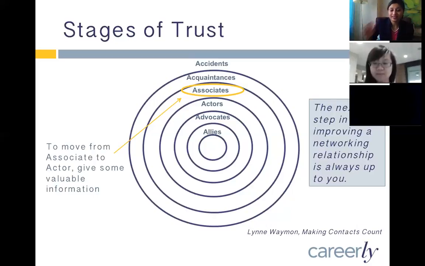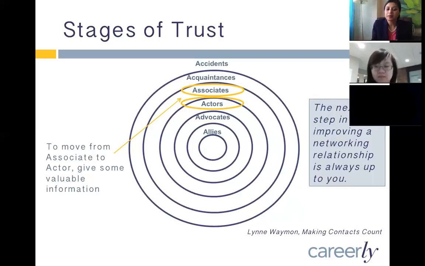Okay? Now the key thing is moving from associates to actors. Actors are people where you are doing a little bit more than the fact that they're automatically an associate. Take your Hopkins network: they're all associates.